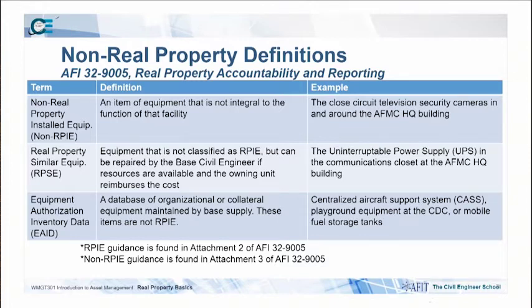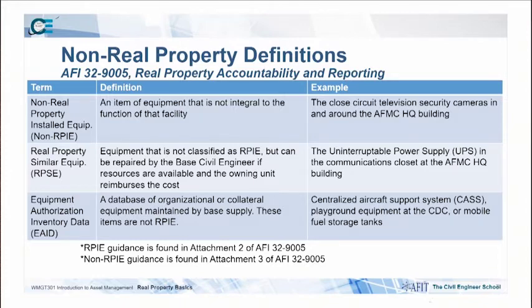You may also come across the acronym EAID, or Equipment Authorization Inventory Data. This refers to more non-RIPI equipment that is tracked by base supply. So that gives you a clear indication if it is on that list, the EAID list, then it's not RIPI.